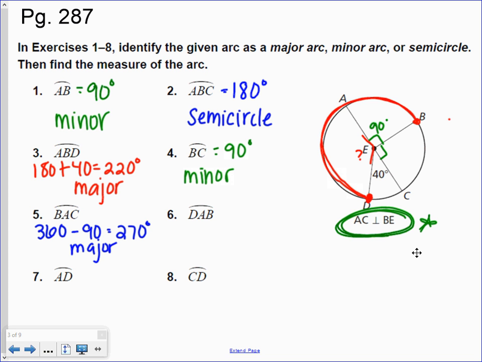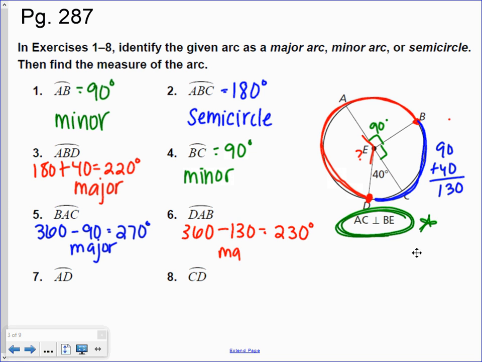Or if it were me, I know that this right here from B to D is 90 plus 40, which is 130. So to find the rest of the circle, I would just take 360 minus 130, which is 230 degrees, and is a major arc. But logically, that's not the only way to solve for that one.